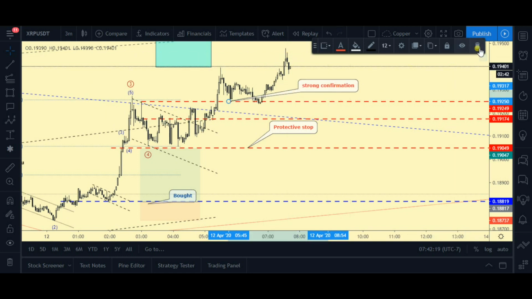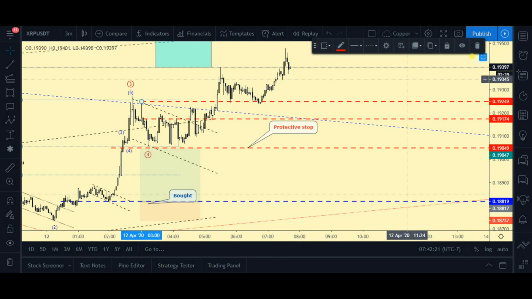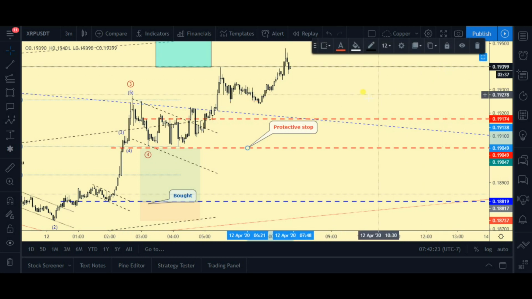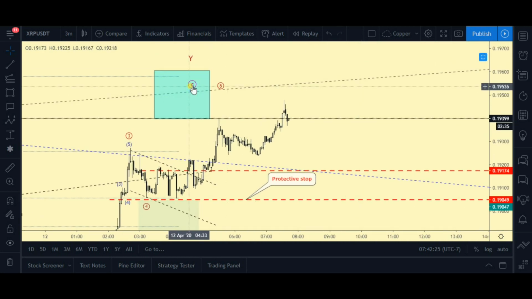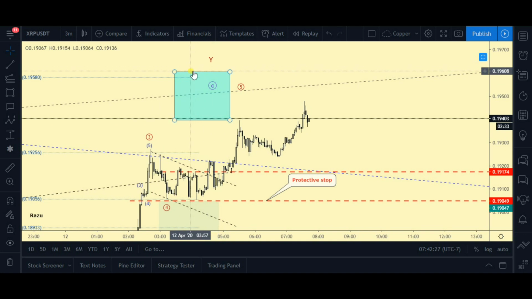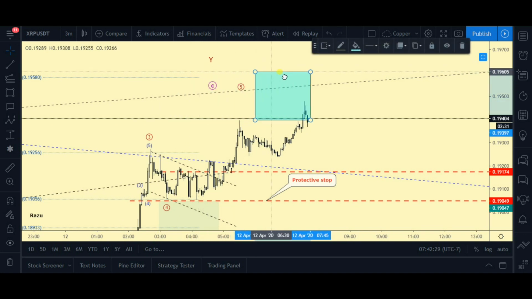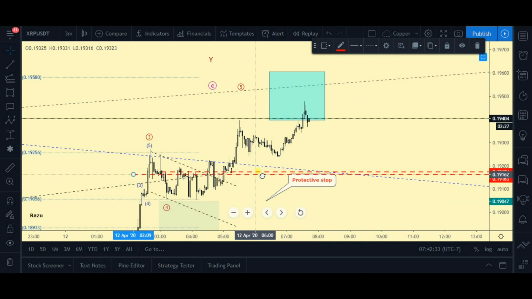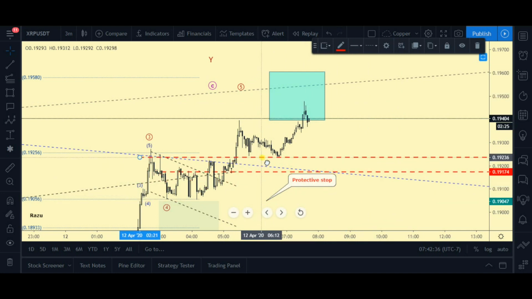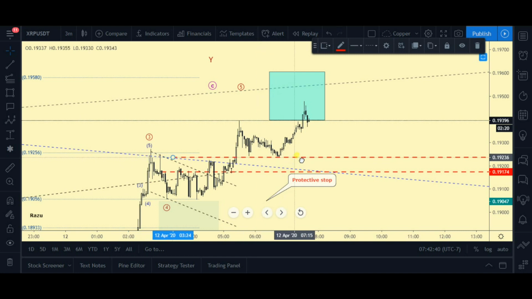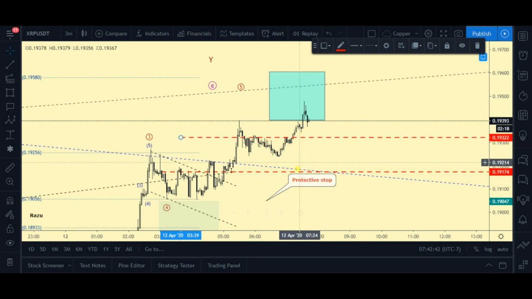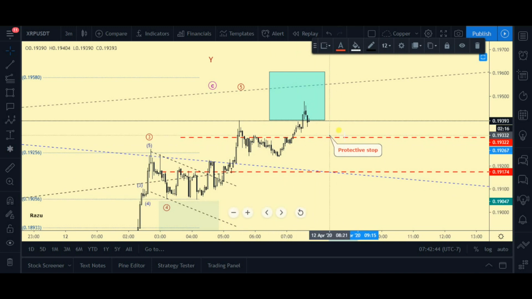So this shows that the trend is still intact, and now we are expecting it to hit this target around here. So I can move my protective stop much higher, and make my protective stop a little bit tighter around here. So this will be my protective stop.